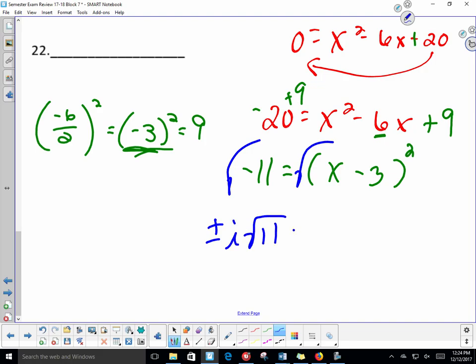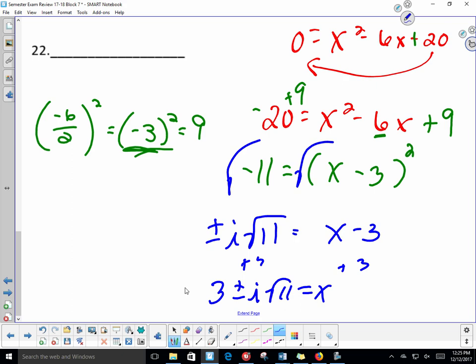And then equals x minus 3. Then add 3 to both sides. So I'll have 3 plus or minus i times the square root of 11 is equal to x. And those are my two answers. One is 3 plus i times the square root of 11. The other one's 3 minus i times the square root of 11.